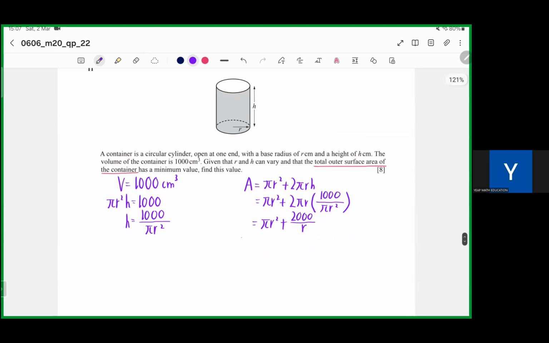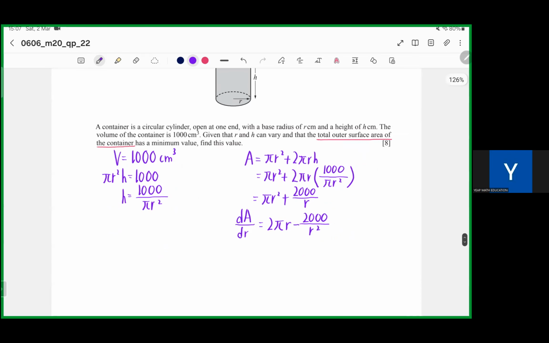Now we go to the derivative first. So we get 2 pi r minus 2000 over r squared. Now the second derivative: 2 pi plus 4000 over r cubed.